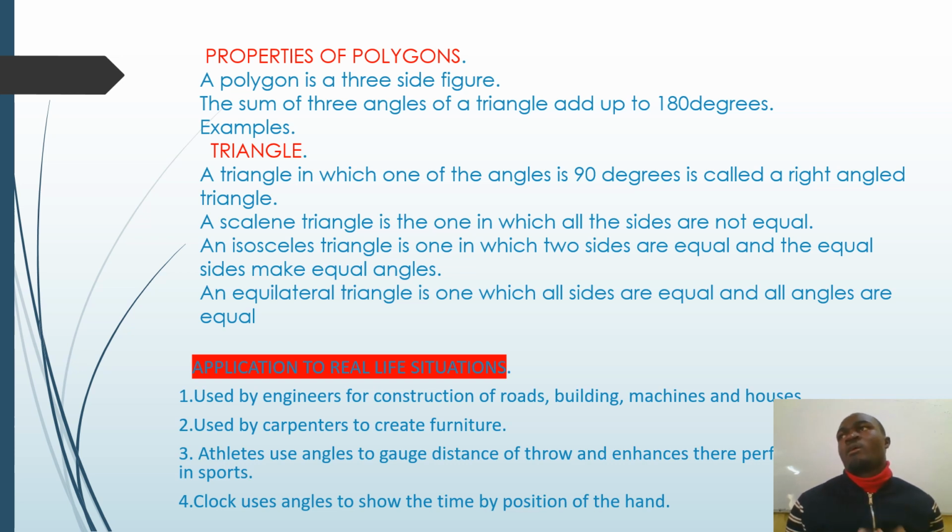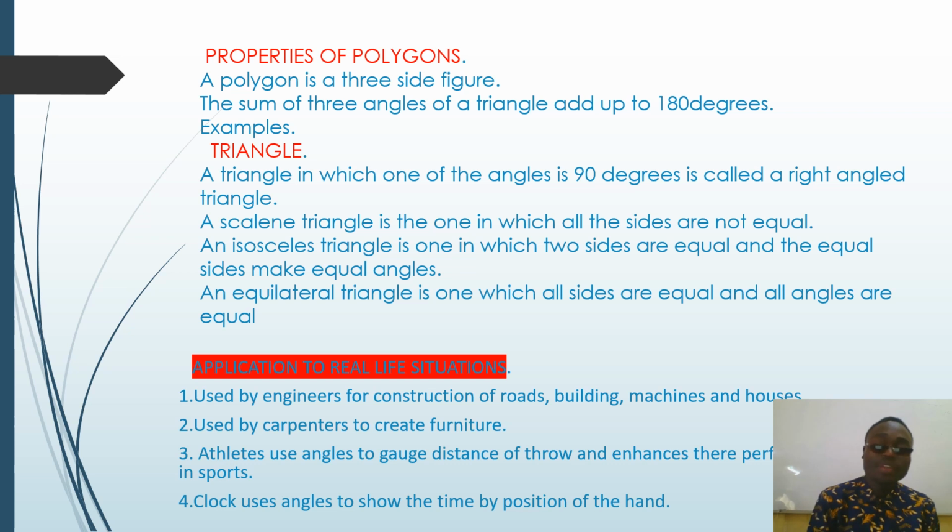Then the other one we can say is 80 degrees. So that one is an isosceles triangle because two of the sides are equal, or two angles are equal. So that's properties of polygons. We looked at a triangle because it's the perfect example of a polygon.